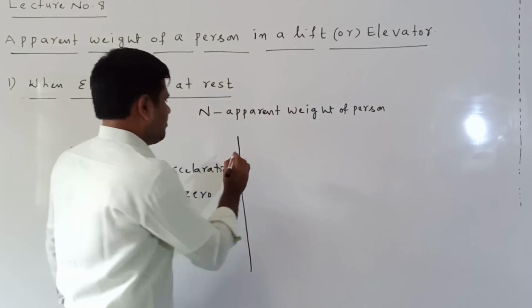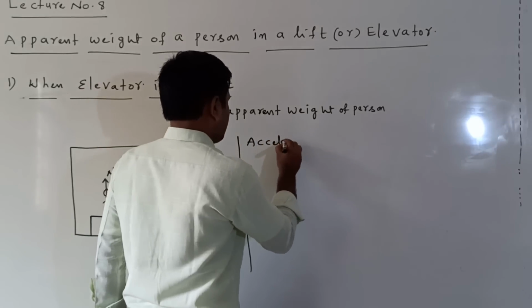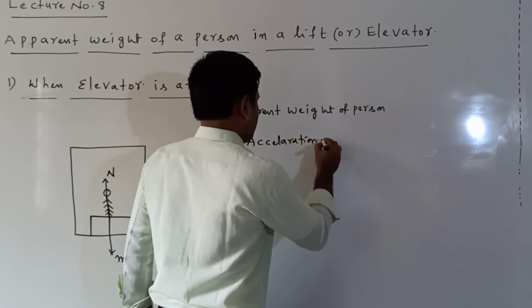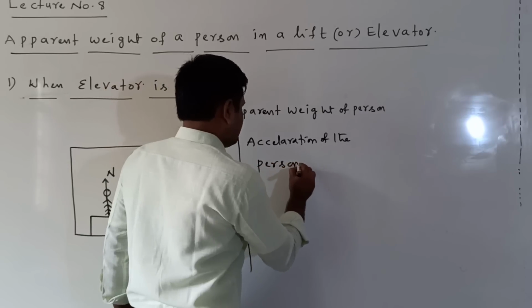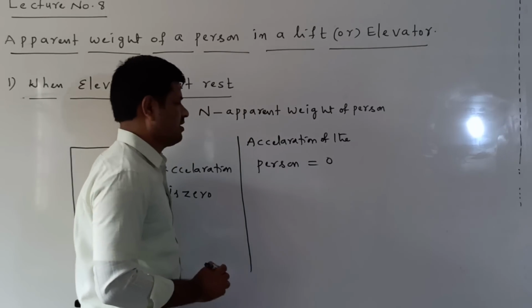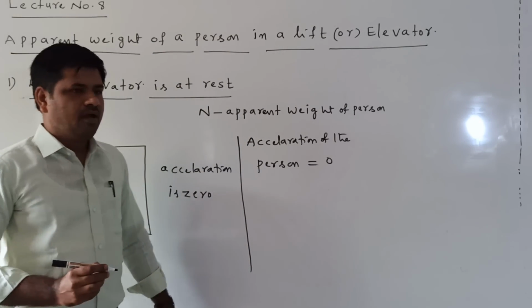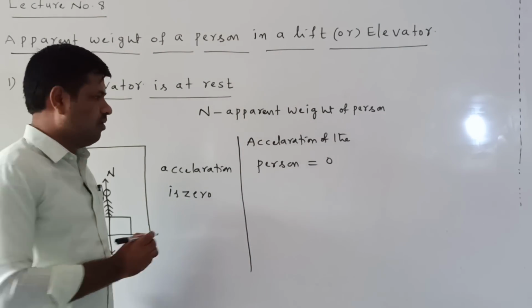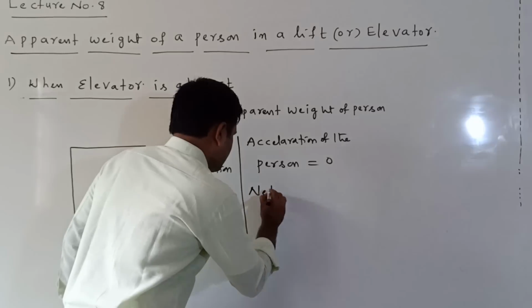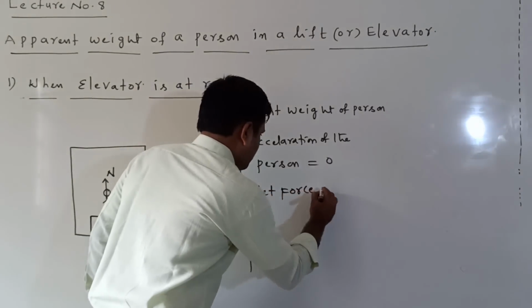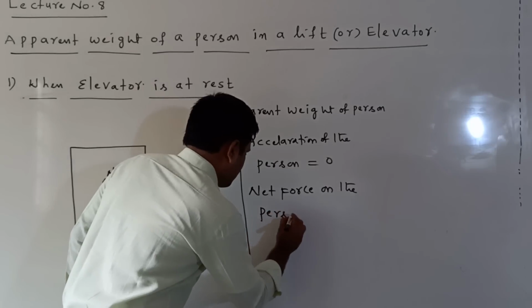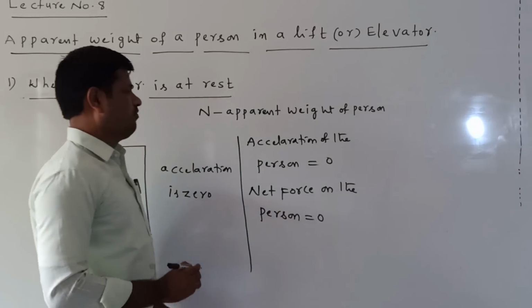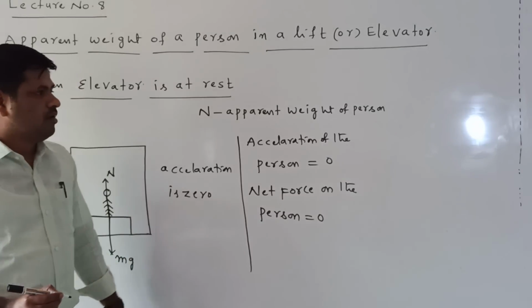Acceleration of the person equals 0, and when the acceleration is 0, the net force acting on the person is 0.